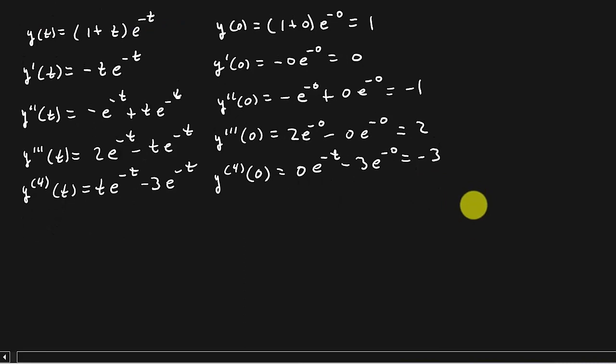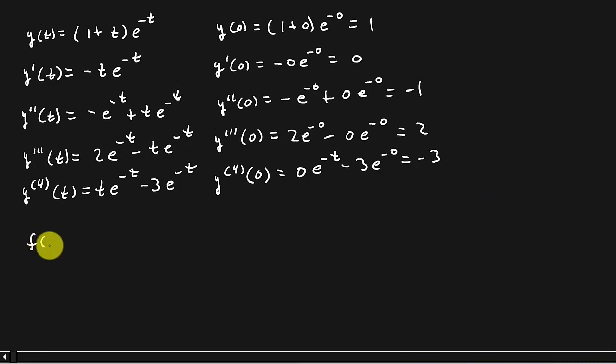All right, so let's write our formula down here. So f of t, y of t, I guess we'll write y of t because our variable is going to be in terms of t.